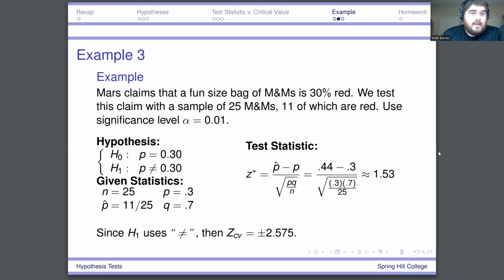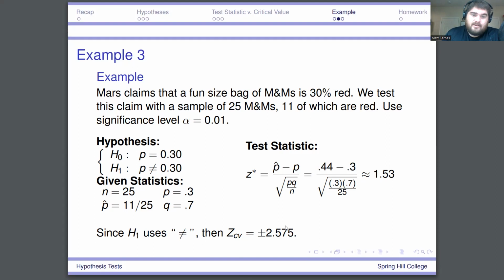Now, since we have a not equal sign in our H1, that tells us that our critical value is plus or minus 2.575. So I either need to be bigger than 2.575 or smaller than negative 2.575. 1.53 is not bigger than 2.575. Right?